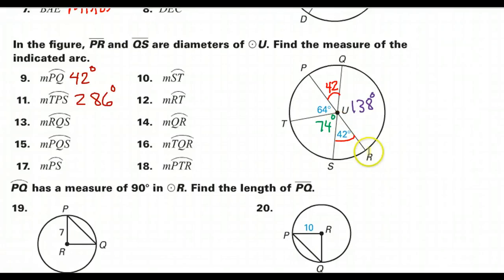Arc RQS, let's take a look at that. Okay, RQS, so start at R, go through Q, and go to S. That's R to Q to S. You have to go in that order. So again, for me, the quickest way to do this would be to subtract.